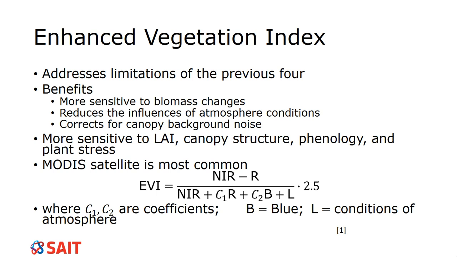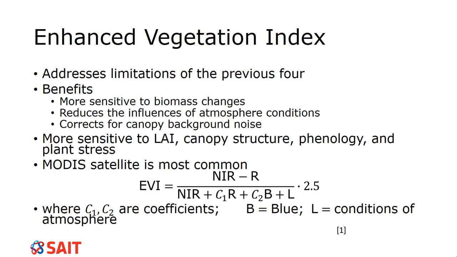And it's also more sensitive to plant stress. So if a plant is starting to show signs that it is not doing well, this is going to detect it faster than any of the other previous 4. This is a very common index used with the MODIS satellite. We're not using MODIS in this class, but this is the formula that MODIS uses.